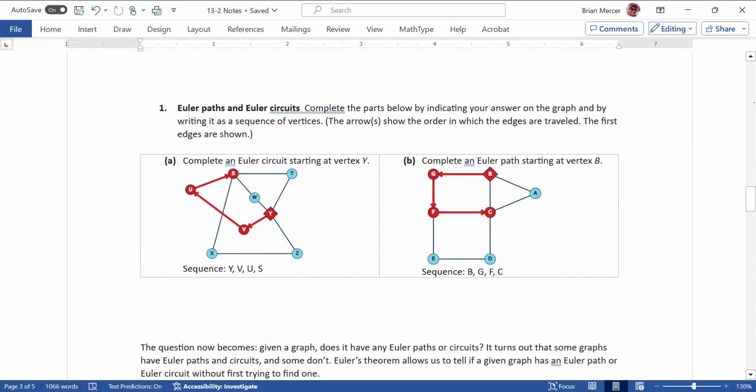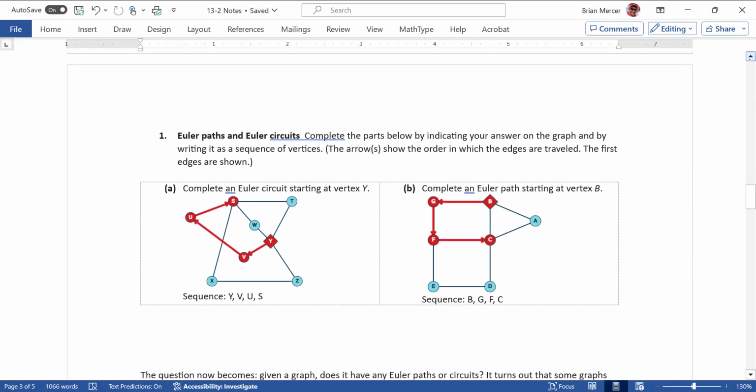With this first question, we're supposed to complete the parts below, indicating our answer in the graph and then writing the sequence of vertices. We've got the sequence started in both cases, with the start of a circuit in this case and a path in this case. We want to make an Euler circuit. We started here at Y, so we also have to figure out a way to end at Y. We've gone over to here, up to here, up to here, so now we're at S, and now we've got a choice. We can go a number of different places, and it turns out you can do this a couple different ways and still get it right.